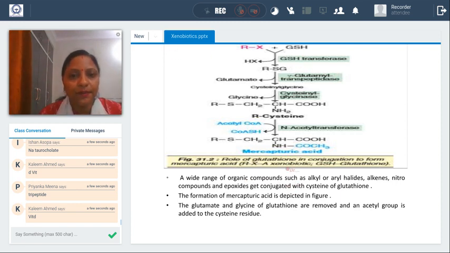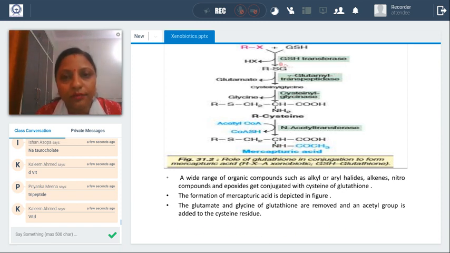The whole reaction is represented here. A wide range of organic compounds such as alkyl and aryl halides, alkenes, nitro compounds, and epoxides get conjugated with glutathione. In the formation of mercapturic acid, the glutamate and glycine of glutathione are removed, and an acetyl group is added to the cysteine residue.